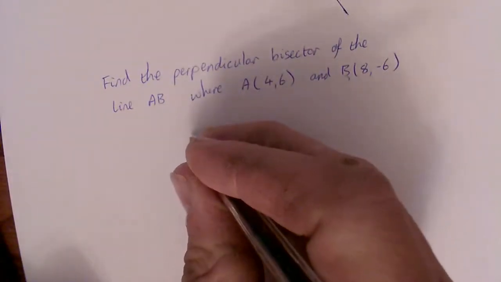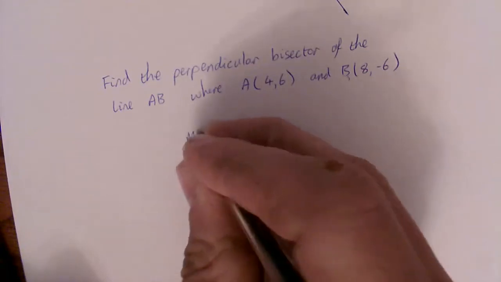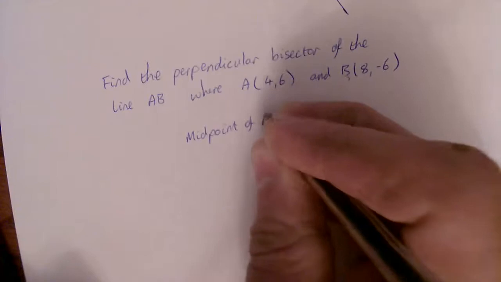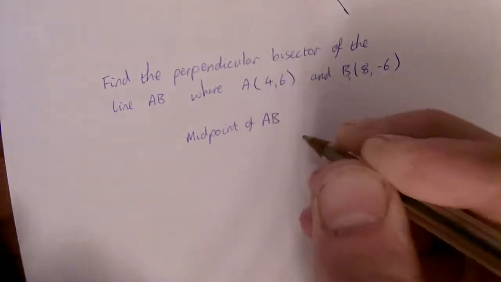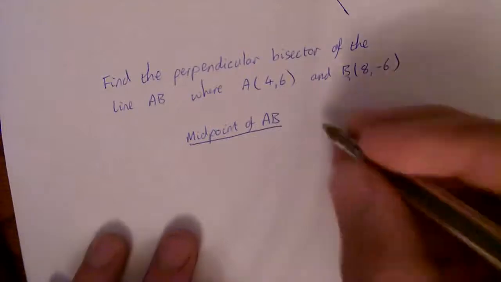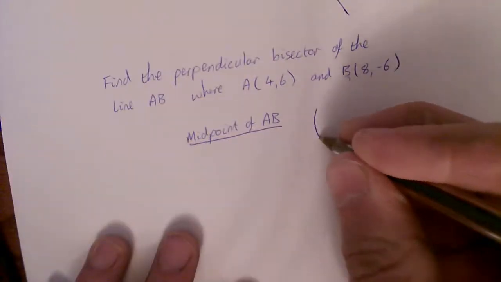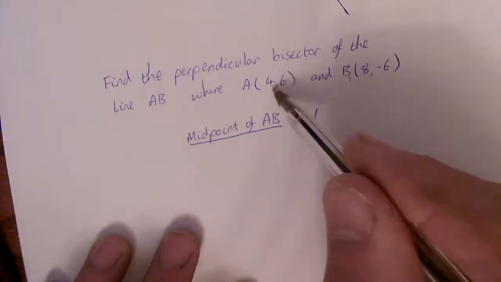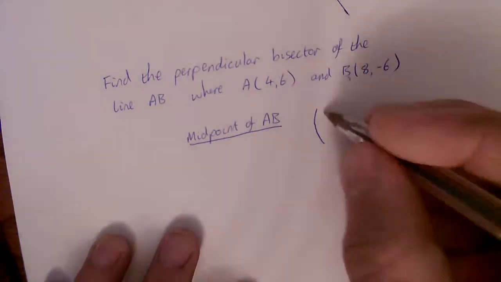So first thing we are going to do is the midpoint of AB. Now it's helpful here to lay out all the different things that we are doing. So at the midpoint of AB, remember we draw our big brackets. Remember that was like the average, the mean average that is, of these.